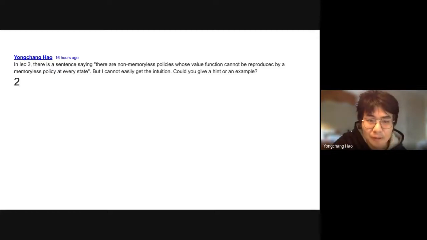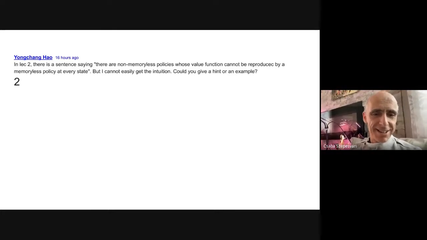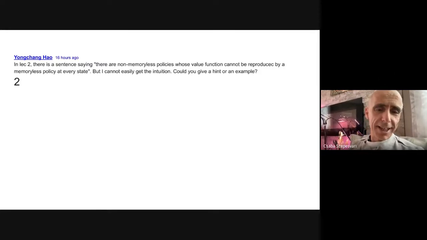Could you give an example of such a thing? I'm pretty sure I can give you an example if I wrote this, but not off the top of my head. I don't remember the example, but I suppose it will be some two-state, not too big MDP.